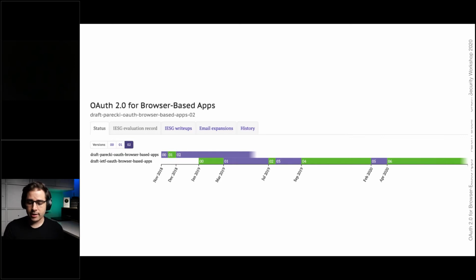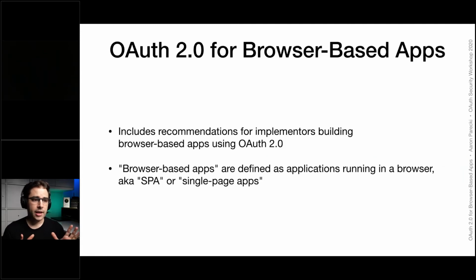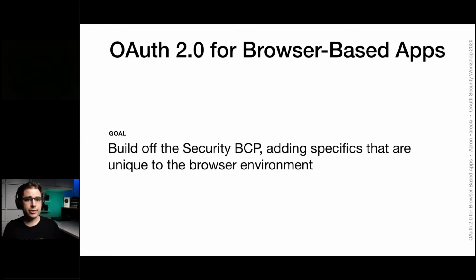So I'm going to talk a little bit about what's actually in this. If people are building an application that runs in a browser, single page app is the common terminology we hear for that now. The goal is to collect the things about OAuth that you would need to do specially for that environment. And the goal here is really to build off of the security best current practice.